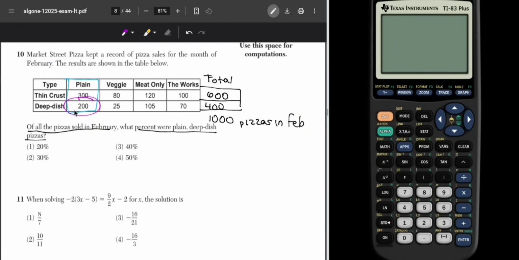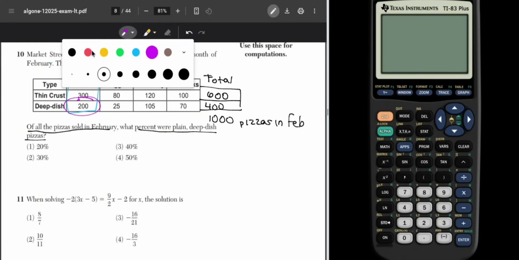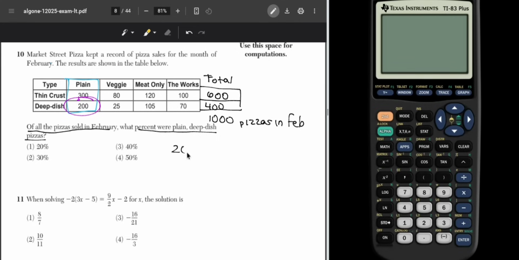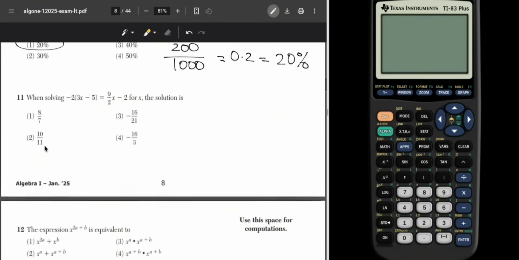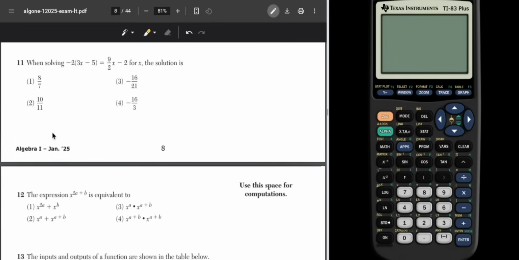So plain deep dish pizzas is 200. Of all the pizzas sold in February is 1,000. So 200 over 1,000 is equal to 0.2, which is equal to 20%. Answer choice number 1.